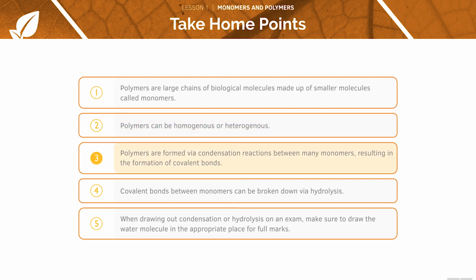They are formed by a condensation reaction between many monomers, resulting in the formation of covalent bonds. These bonds between the monomers can be broken down via hydrolysis. When you're drawing out condensation or hydrolysis in an exam, make sure to draw the water molecule in the appropriate place in order to gain full marks.